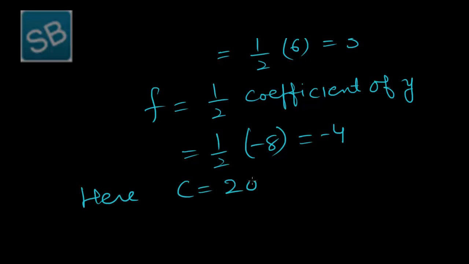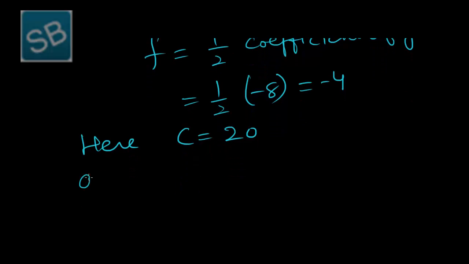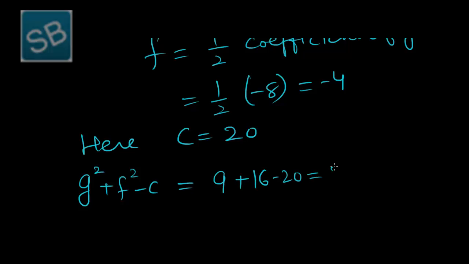Now we have to check whether G square plus F square minus C is greater than 0 or less than 0 or equal to 0. So G square is 9, F square is 16, minus 20, that gives 5, which is greater than 0.